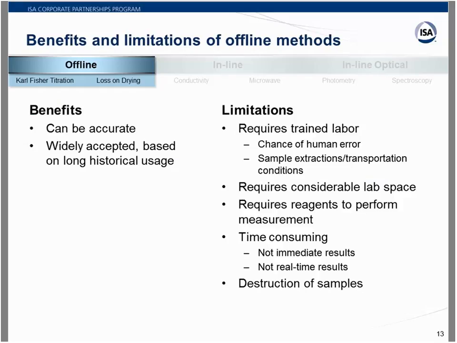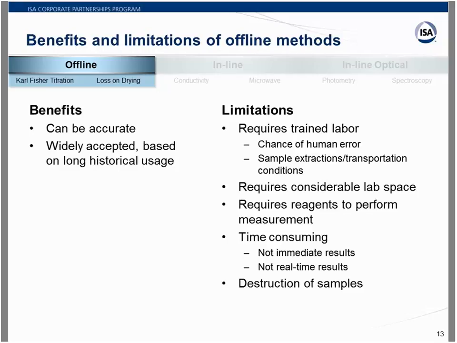Benefits of offline methods: they can be accurate, they're widely accepted, and there are a lot of procedures written for them in detail. They support the laboratory that is required for other considerations, and the technicians perform the offline measurements based on long historical usage for comparison to process values for producing your product.